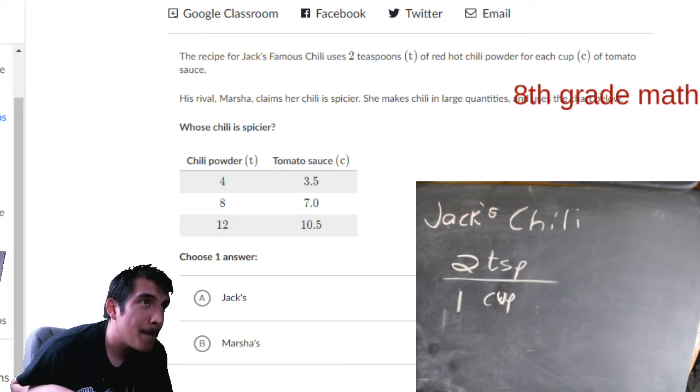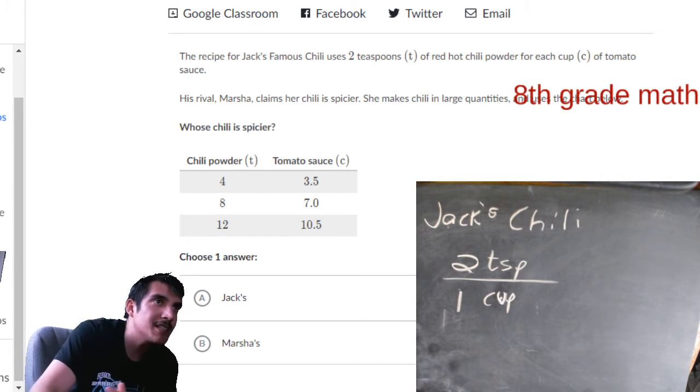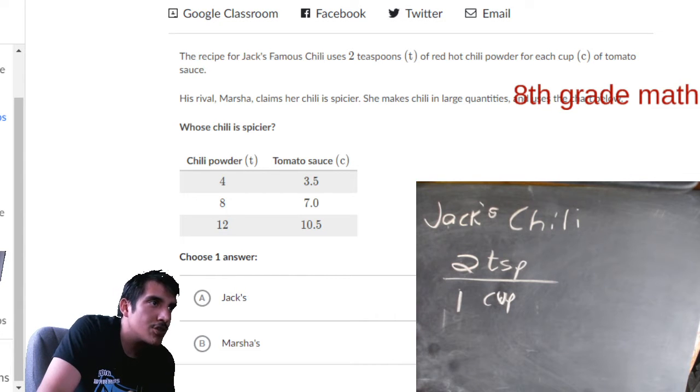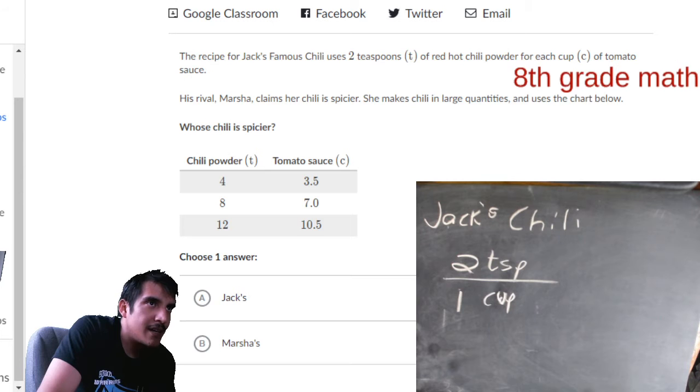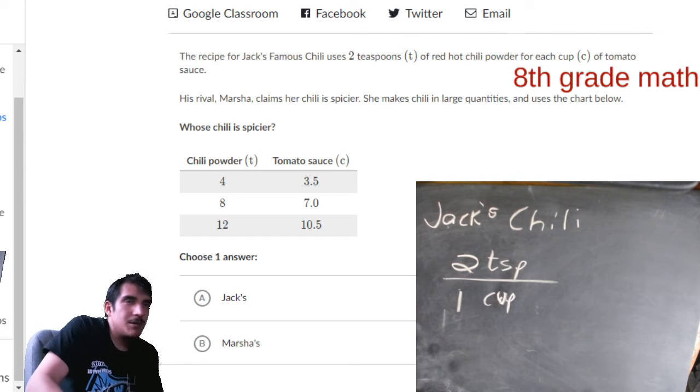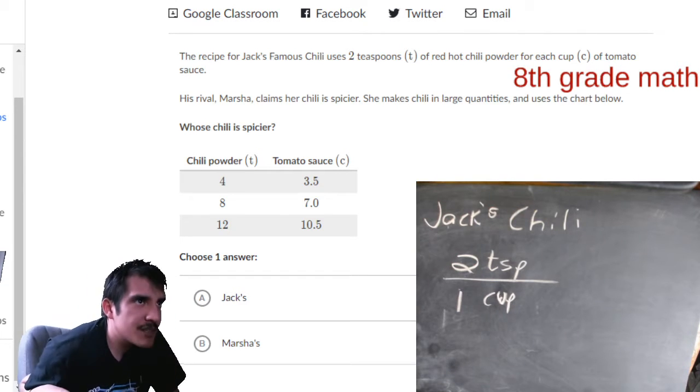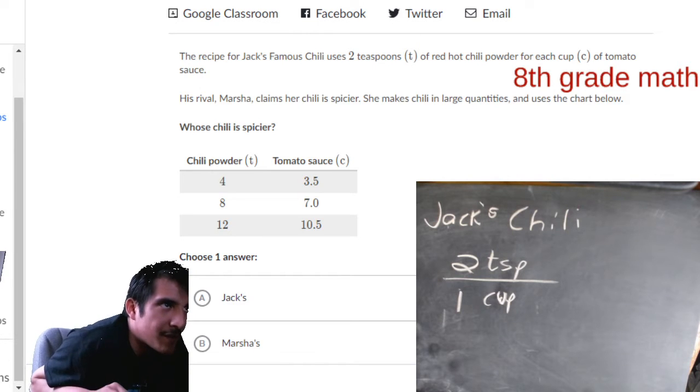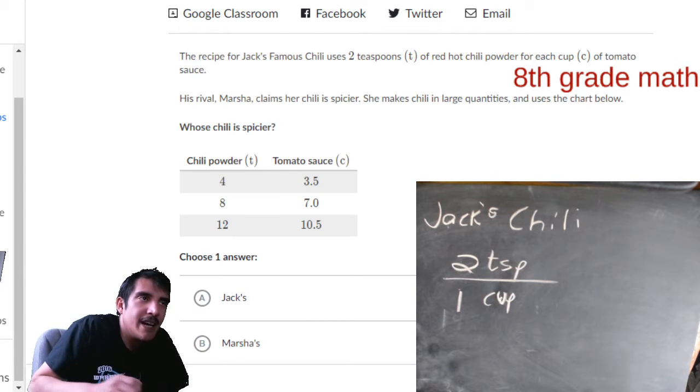His rival, Marcia, claims her chili is spicier. She makes chili in large quantities and uses the chart below. Whose chili is spicier? So here's Jack's chili. He's got 2 teaspoons for every cup. Let's see. Marcia, I'm going to make a fraction.